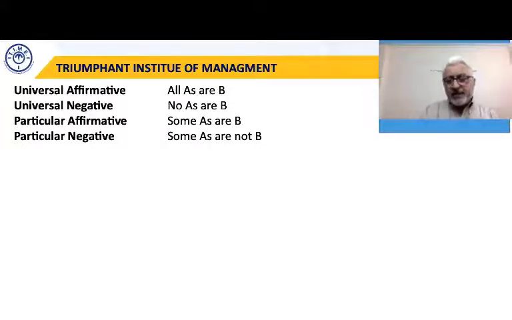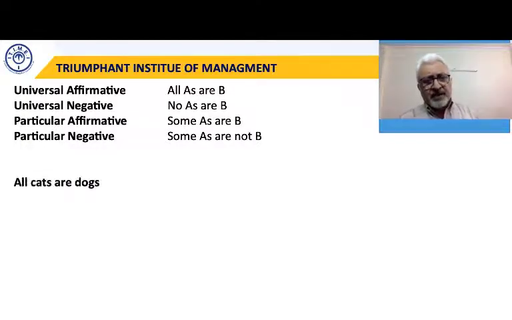Now, the conclusions that we can draw. There are different kinds of conclusions. Now we take one example, and that is all cats are dogs. I told you, we come out with some weird statement. So, syllogism questions will have very, very weird statements. I mean, they'll be factually incorrect, but never mind.